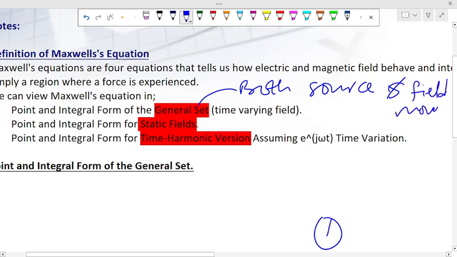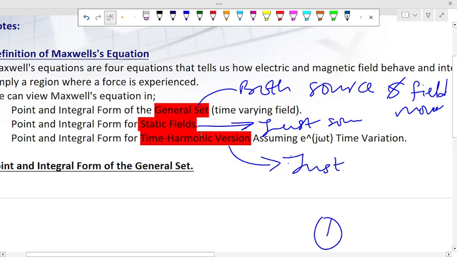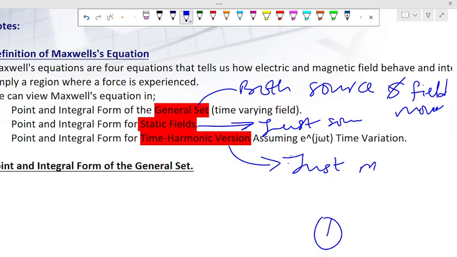Then for this one, just the source. Then for this guy, just the movement. When we say movement, like the change with time, how time affects that, just the movement.